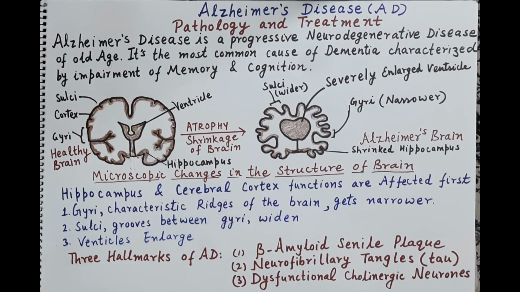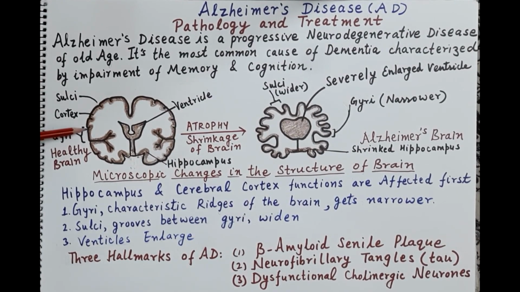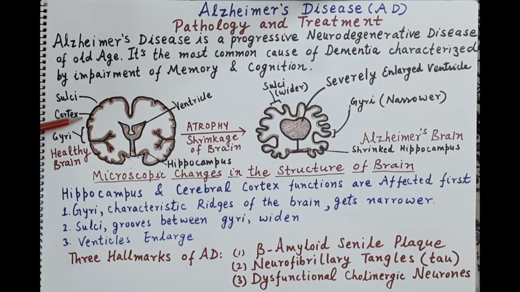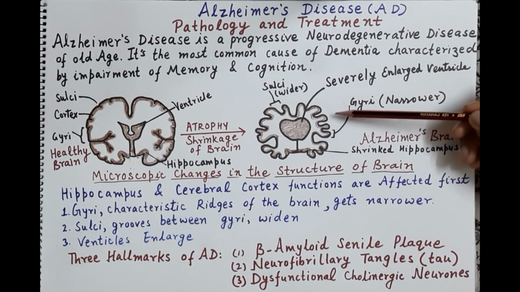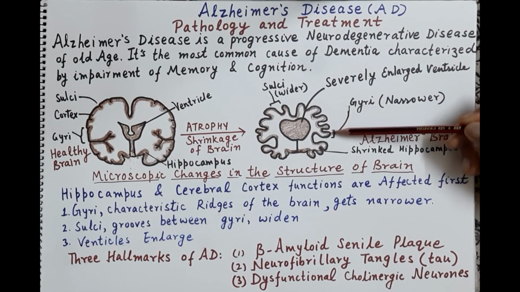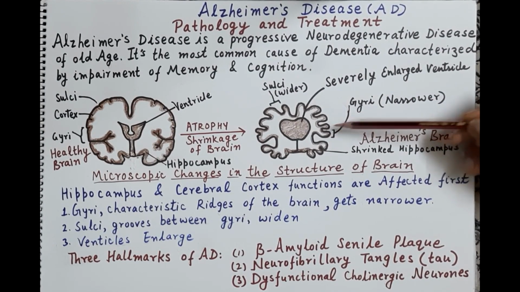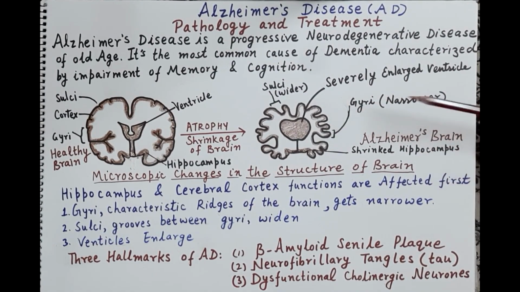Now, as is clear from the diagram, there are certain characteristic ridges of the brain, and these ridges are termed gyri. Because of the shrinkage of the brain, these gyri get narrower.